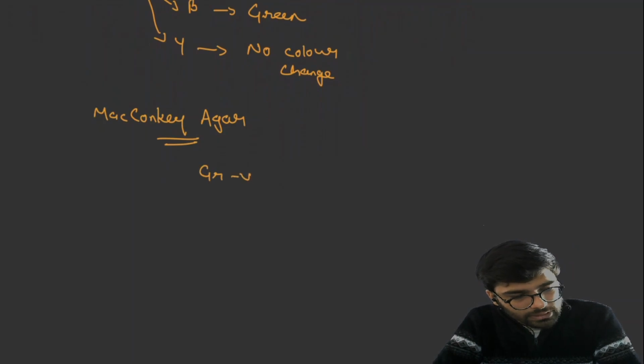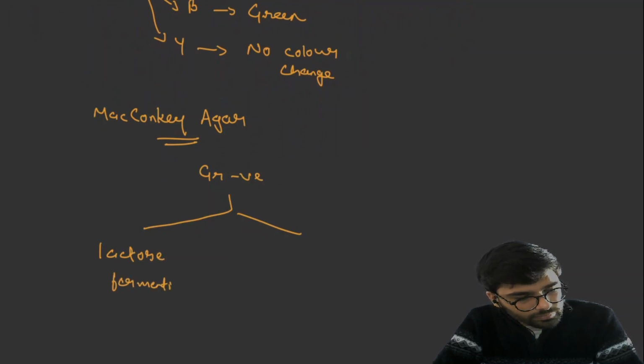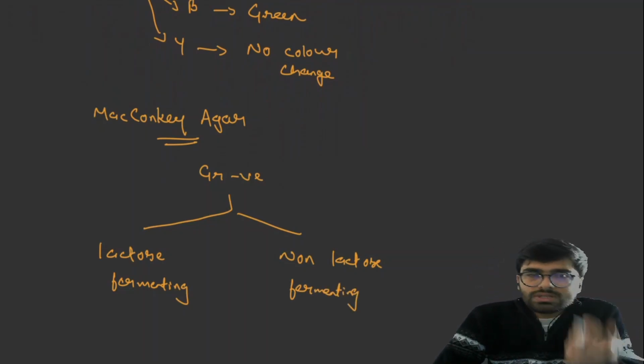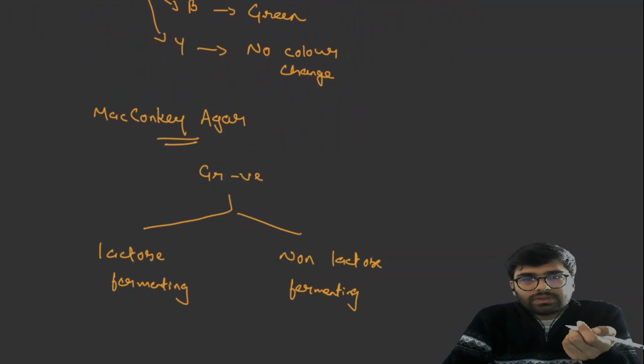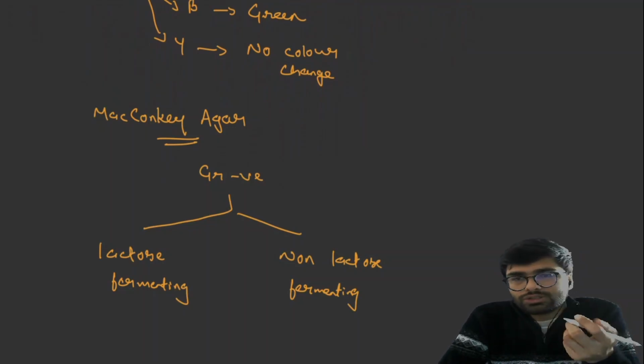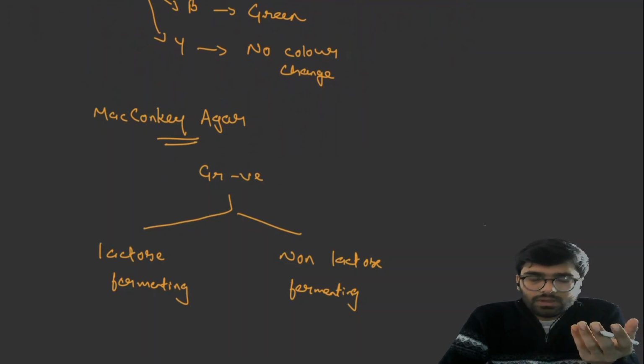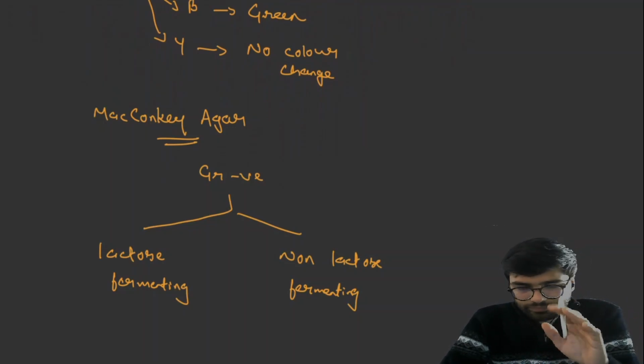Gram negative bacteria into lactose fermenting and non-lactose fermenting. So those microorganisms that are fermenting lactose will give one color, and those who are not fermenting will give another color. So this is differential media.